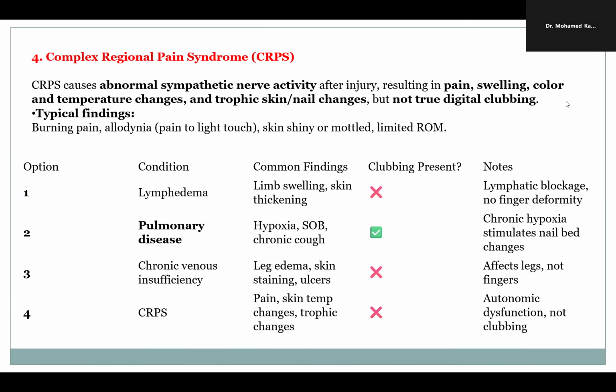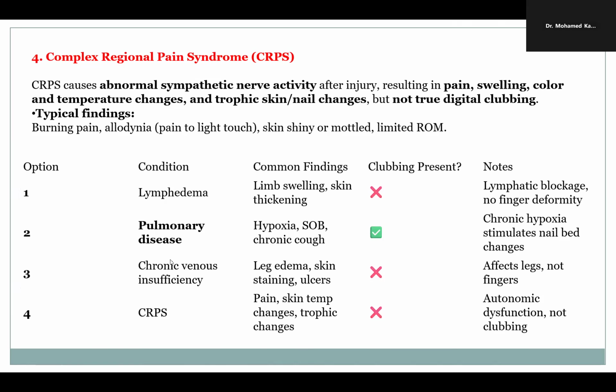So in order to summarize, we have 4 options here. We said number 2 is the correct answer. Clubbing will be associated with pulmonary disease, in which there will be chronic hypoxia that stimulates nail bed changes, connective tissue deposition, and so on. And the common findings in this case will be hypoxia, shortness of breath, and chronic cough. Incorrect answers: lymphedema, limb swelling, skin thickening, lymphatic blockage, but no clubbing.